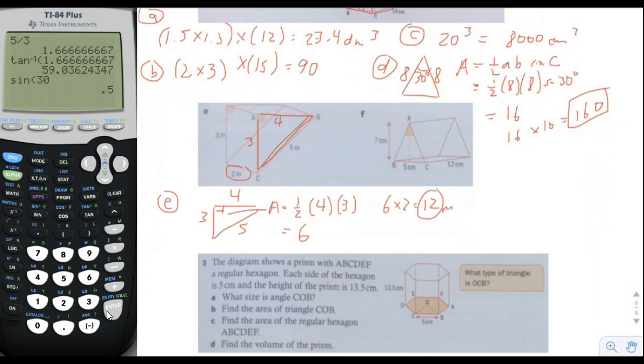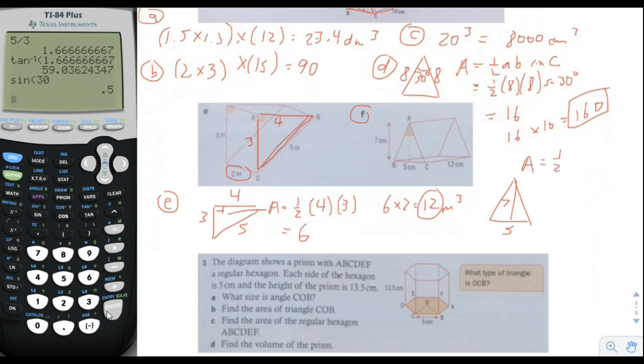12 meters cubed. What about F? F has a cross-sectional area that, let's see, it's got a base of 5, and it's got a height of 7. Okay, and we can easily figure out the area of this cross-sectional area.